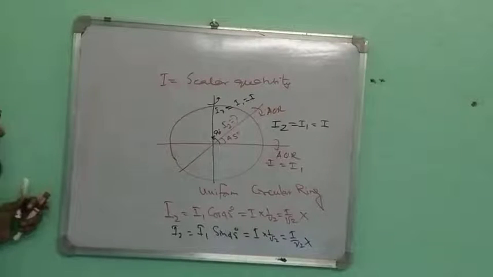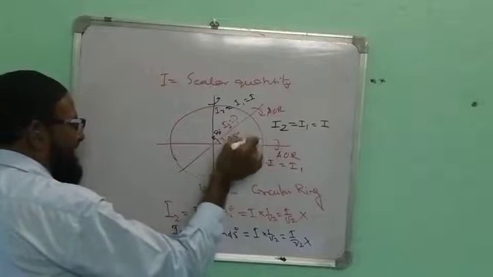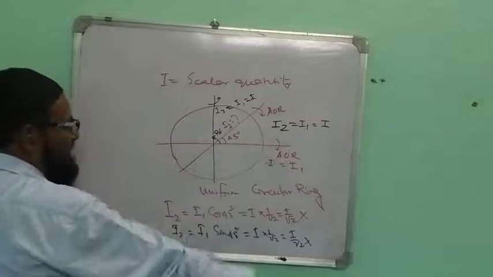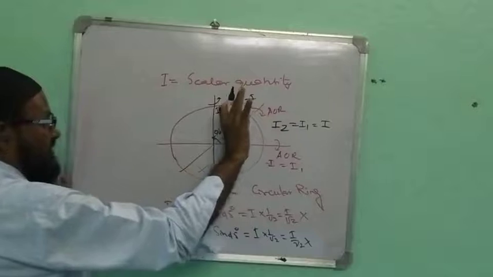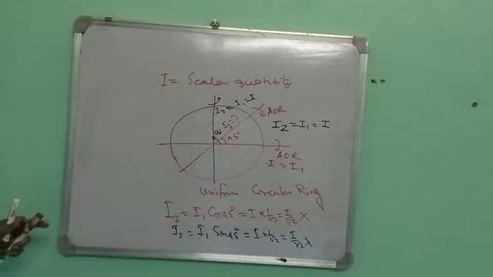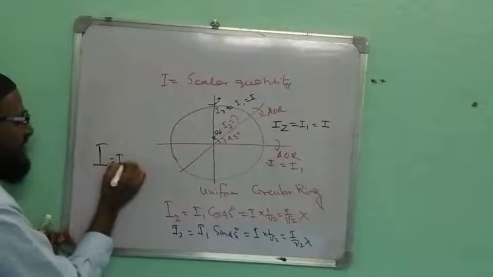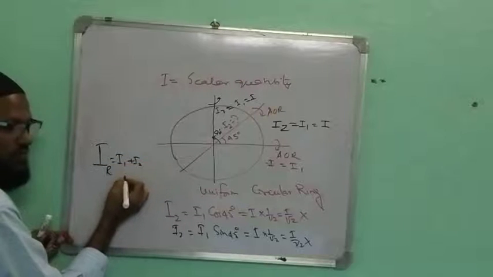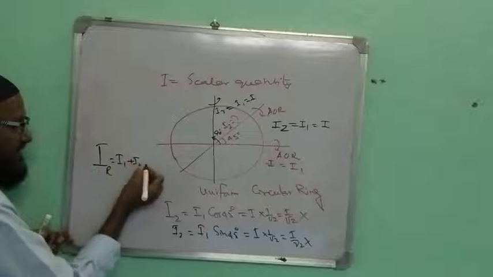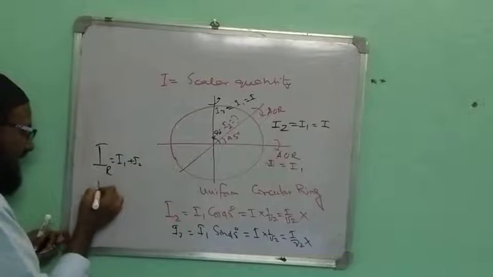The diameters are identical, and that is why it is a scalar quantity. Another thing is important. I resultant equal to I1 plus I2, this formula is applicable.